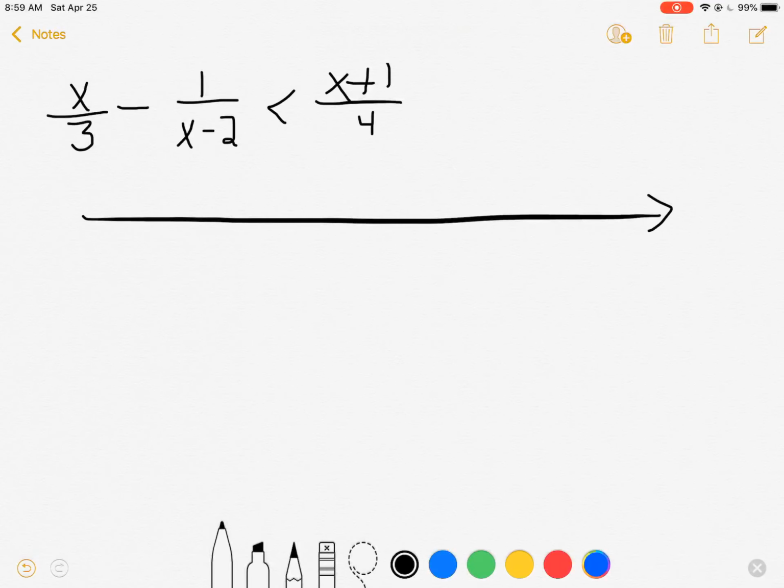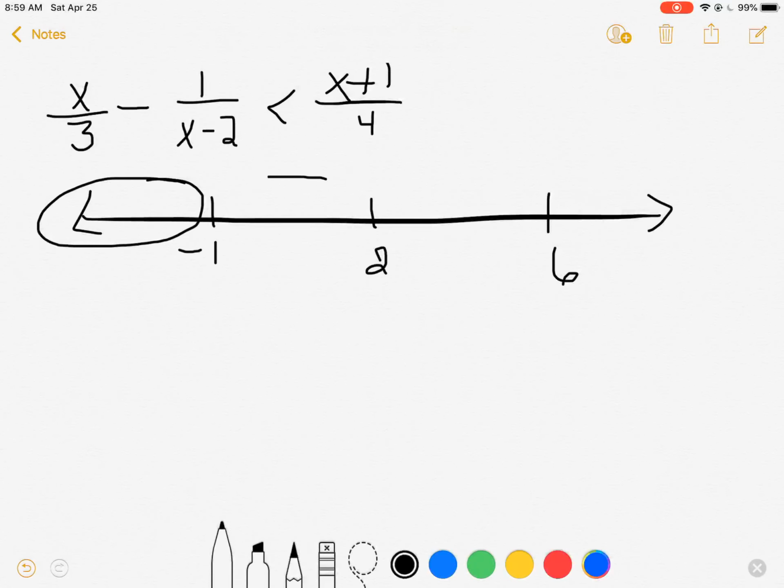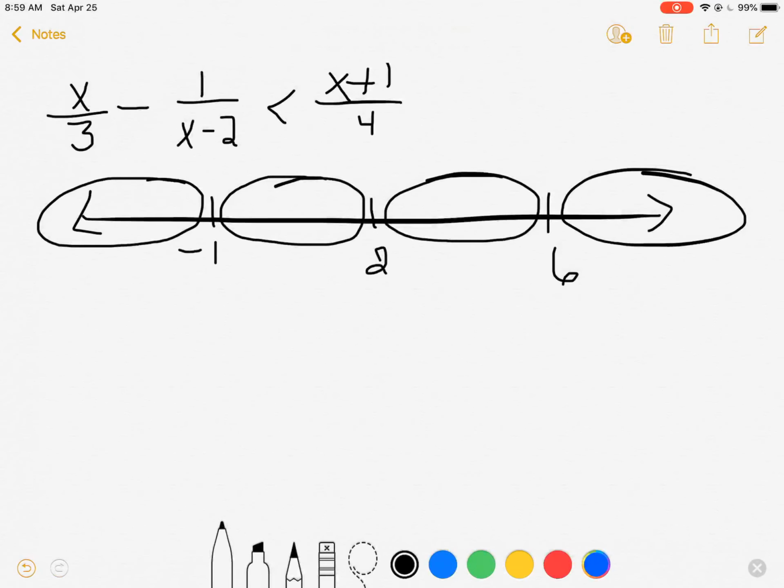So when I think about a number line, my solutions were negative 1, 2, and 6. So I want to check less than negative 1, between negative 1 and 2, between 2 and 6, and greater than 6 to get my final answers.